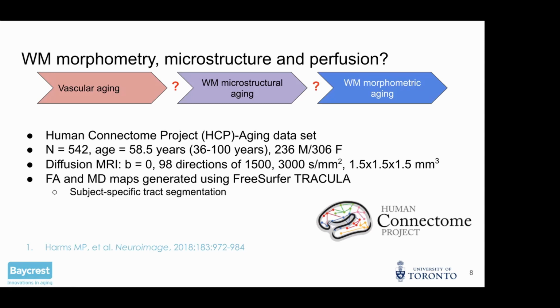Our diffusion sequence is 98 directions with 2 shells, 1500 and 3000 seconds per millimeter squared. And we use FreeSurfer TRACULA as our working tool to generate DTI metrics, and also to provide us with subject-specific tract segmentation.